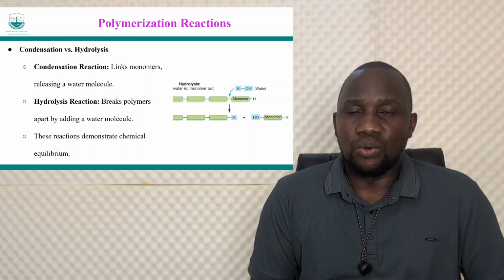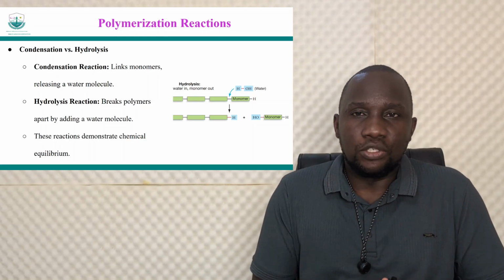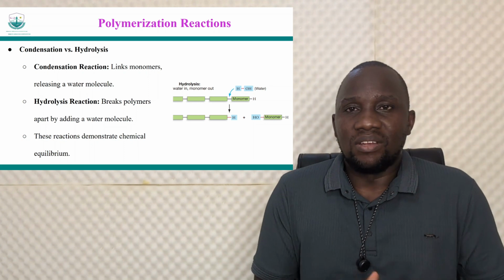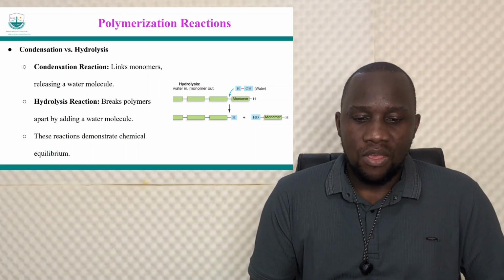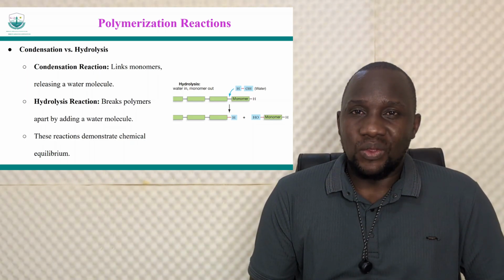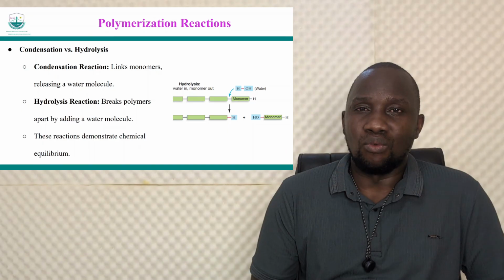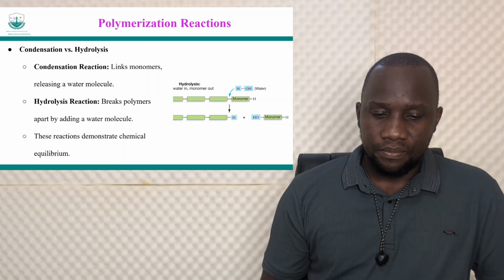The nature of that reaction is condensation because water is released. But breaking that bond that has been formed is what we term hydrolysis, because definitely water will be used in that process. So when you add water, that bond will be broken such that you have monomers from the polymer.